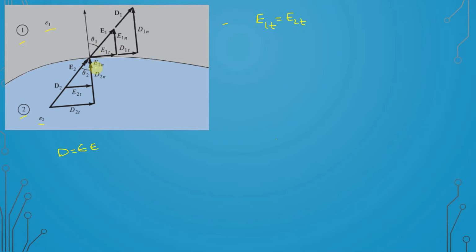If this is theta 1 and this is theta 2, we can write E1t is equal to E1 sine theta 1, that will be equal to E2 sine theta 2. Let us mark this as equation 1.